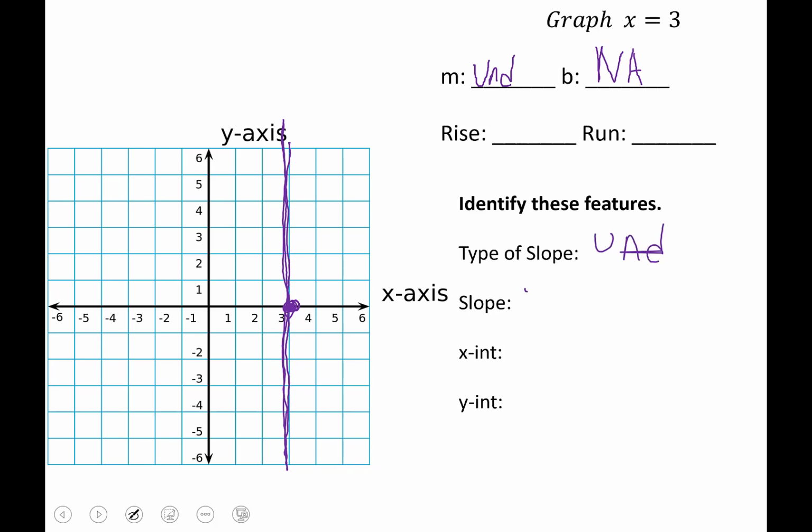So this is an undefined slope. I have an x-intercept of 3, 0, and I don't have a y-intercept because we will never cross the y-axis. All right, and that is graphing lines.